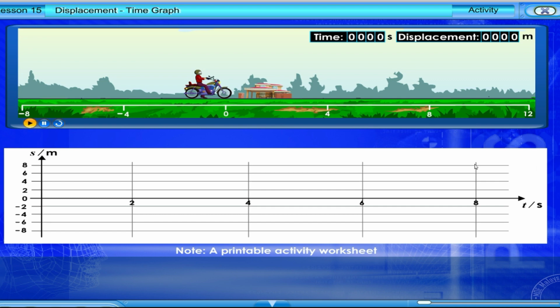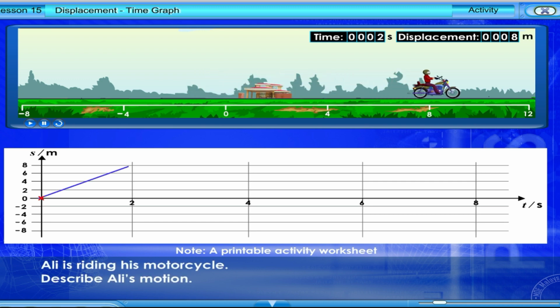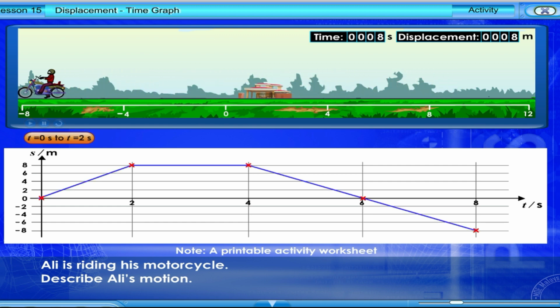Click the Play button. Ali is riding his motorcycle. Describe Ali's motion. Describe the motion of the motorcycle from t equals 0 seconds to t equals 2 seconds.